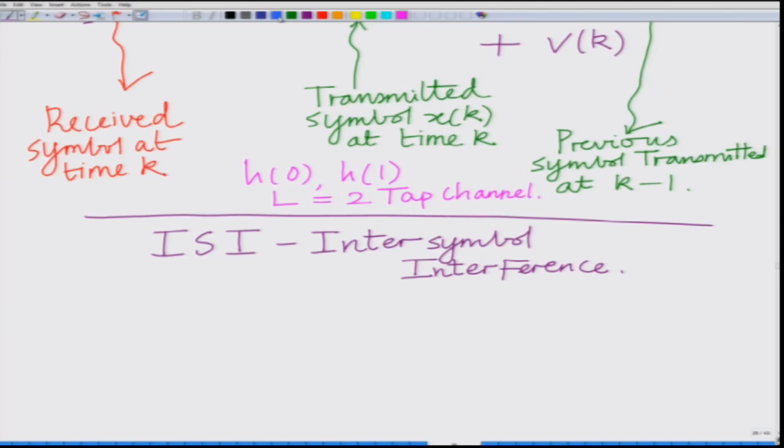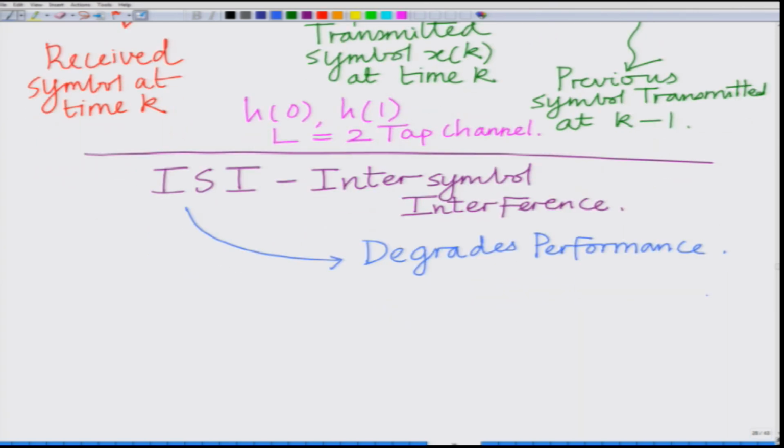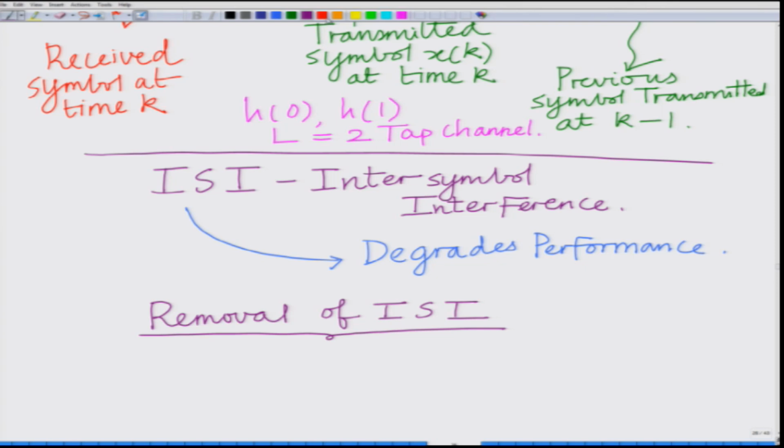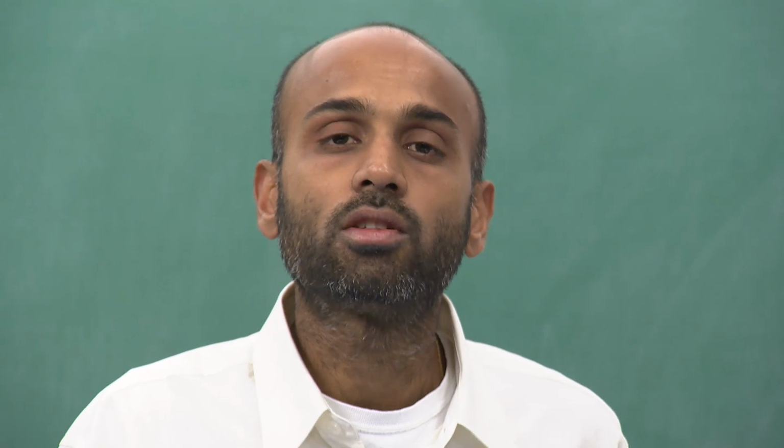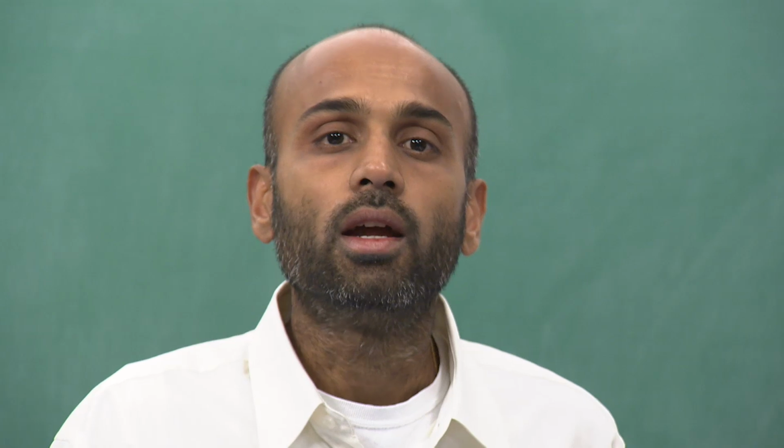Removal of ISI, the inter-symbol interference, is formally known as channel equalization, also simply termed as equalization, alright. That is basically removal of the inter-symbol interference, right.